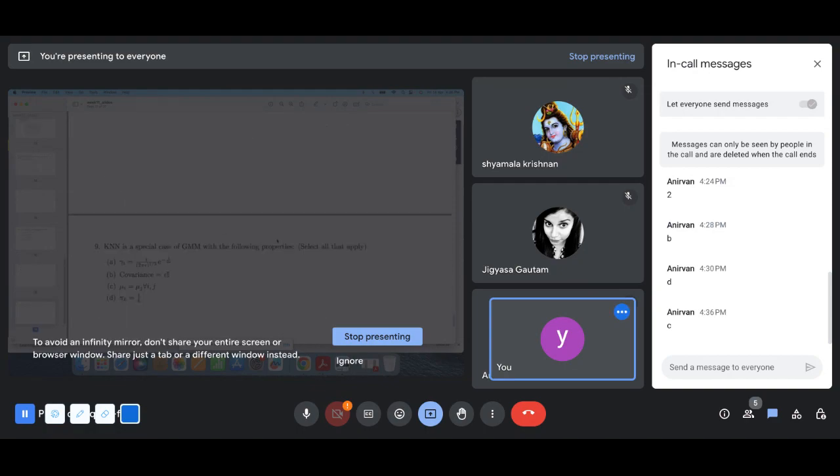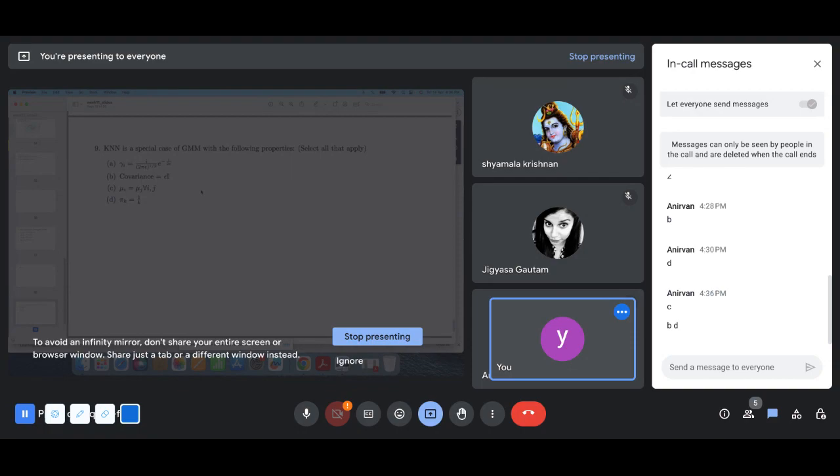And what else? KNN is a special case of GMM with the following properties.